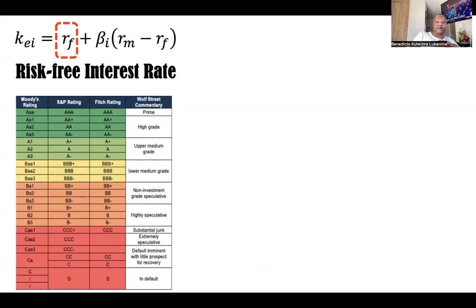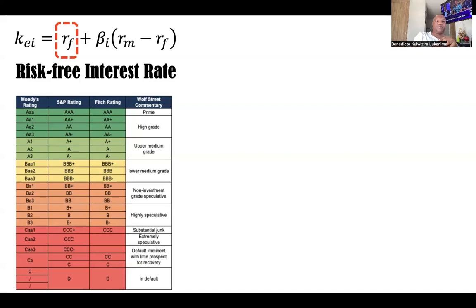So it's very important to understand credit ratings of governments to be able to determine whether the yield to maturity of a government security should or should not be risk-free. And if it is not risk-free, what adjustments should we make to determine the risk-free interest rate?